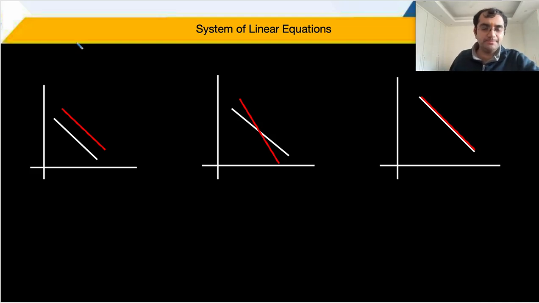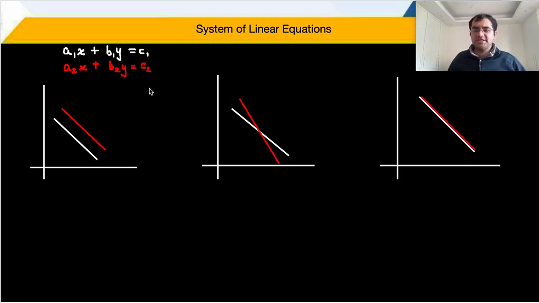All right, so now let us consider 2 equations. One is in the white color, a1x plus b1y is equal to c1, and the other one will be a2x plus b2y is equal to c2.